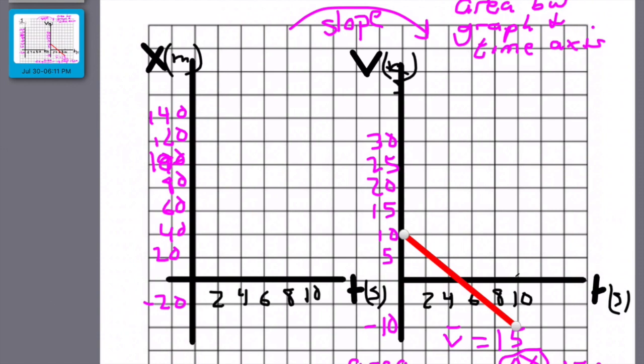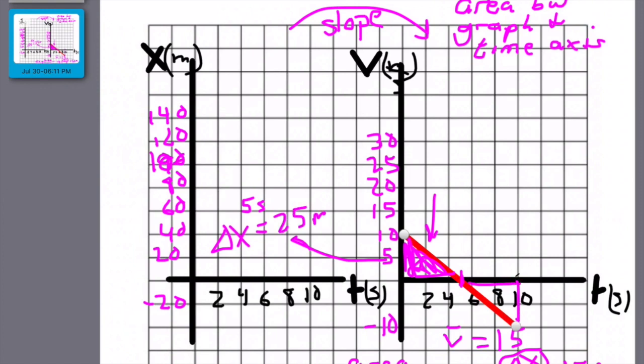Well, now we have to say for the first 5 seconds, that's the area. It was traveling in the positive direction all that time. So the displacement for the first 5 seconds is going to be 1/2 times 10 times 5, which is 25 meters.